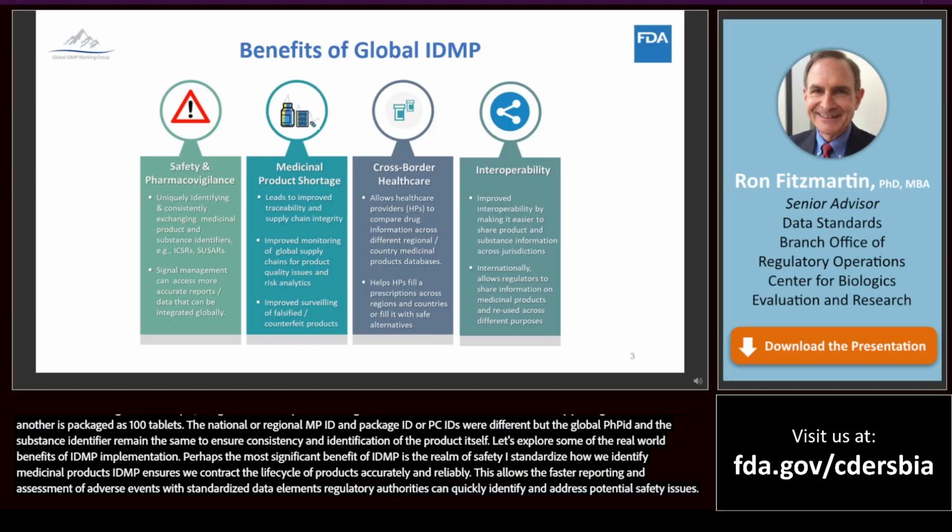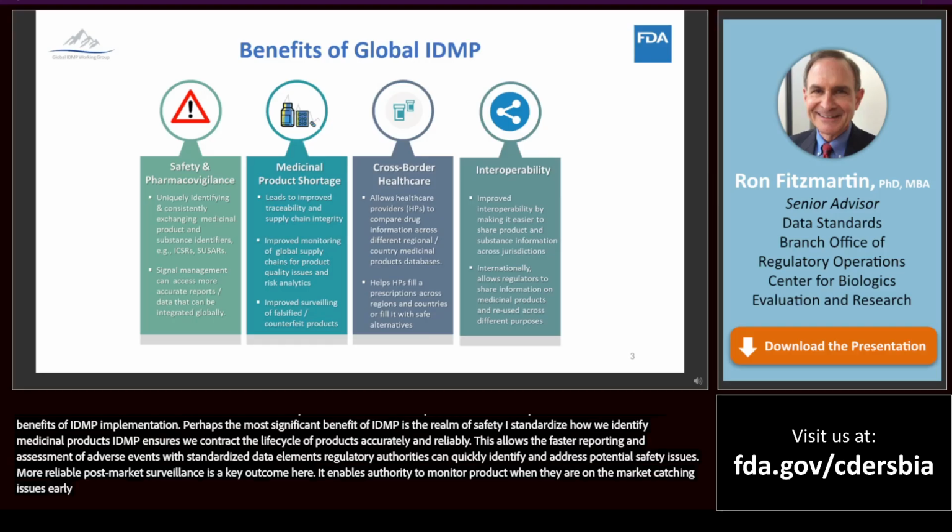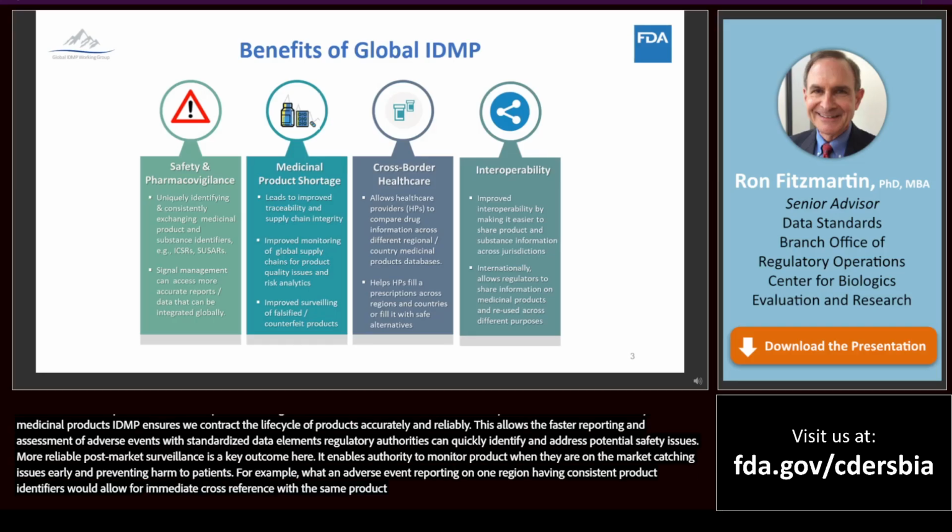More reliable post-market surveillance is a key outcome here, as it enables authorities to monitor products once they are on the market, catching issues earlier and preventing harm to patients. For example, an adverse event that's reported in one region having consistent product identifiers would allow for immediate cross-reference with the same product being used elsewhere in the world. This means faster action and more effective solutions.